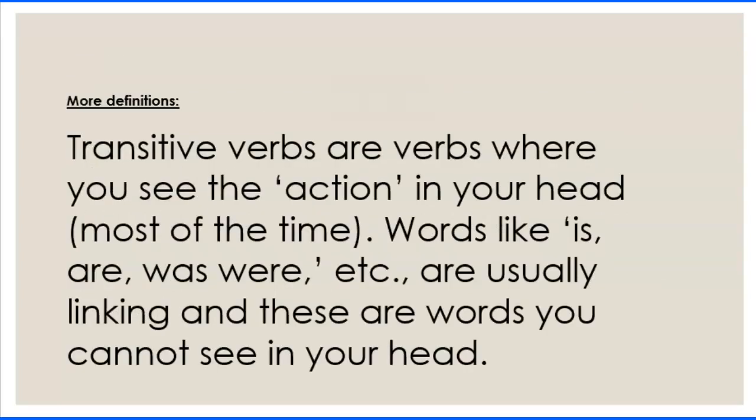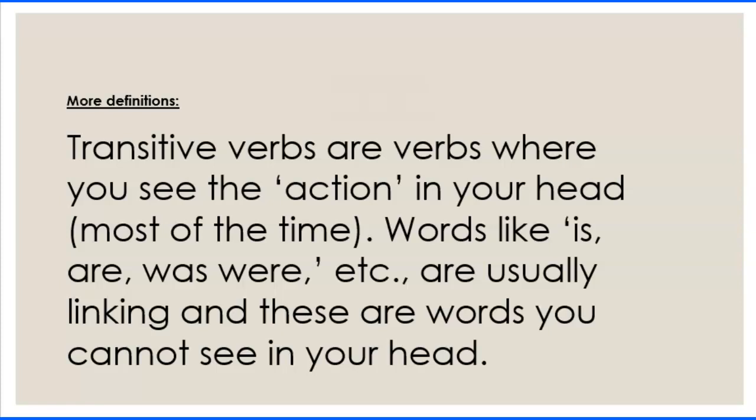If you don't remember from last year, transitive verbs are verbs where you can clearly see the action in your head. Now, if you can see the action in your head, is it always a transitive verb? No, not always. But that's one clue that you can use to reduce your possibilities.